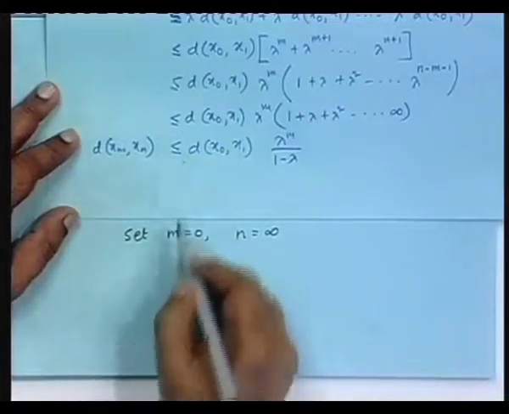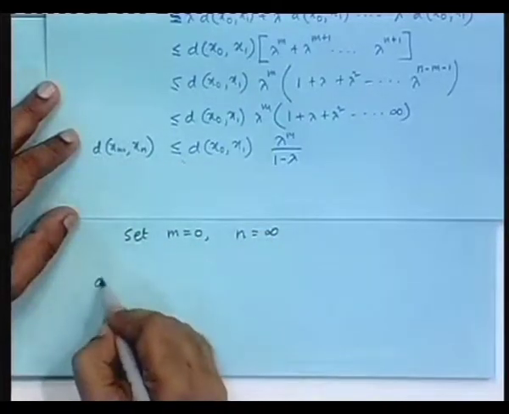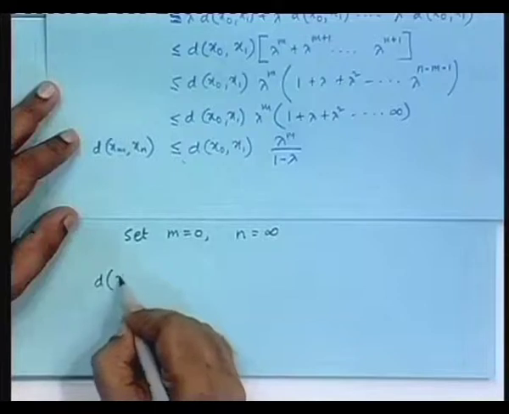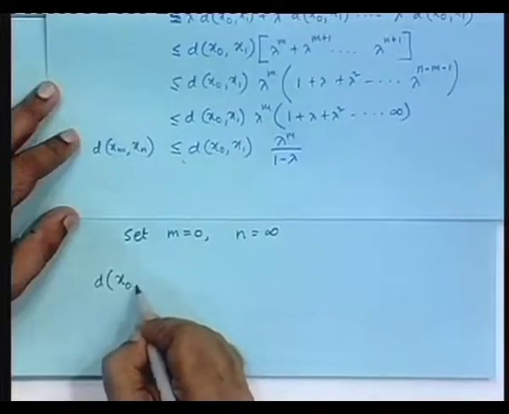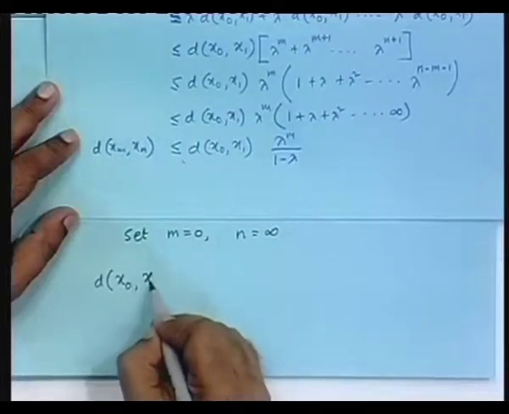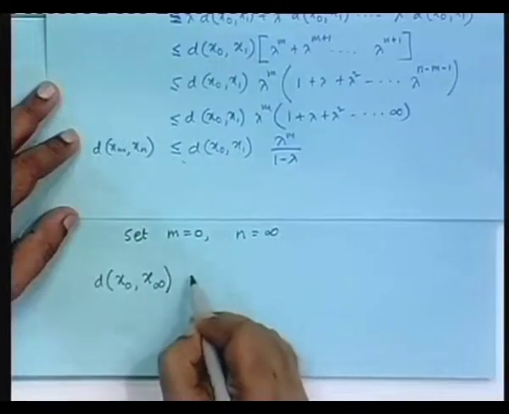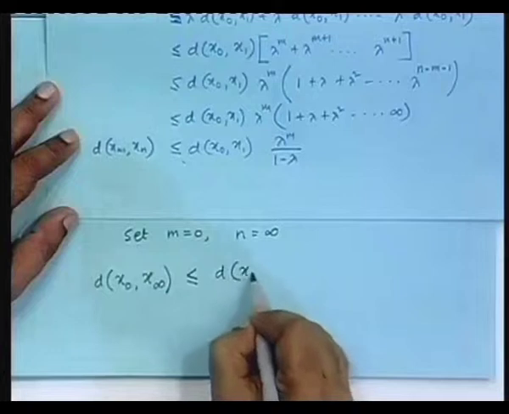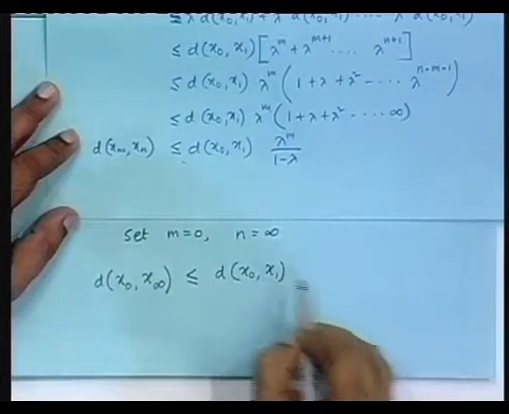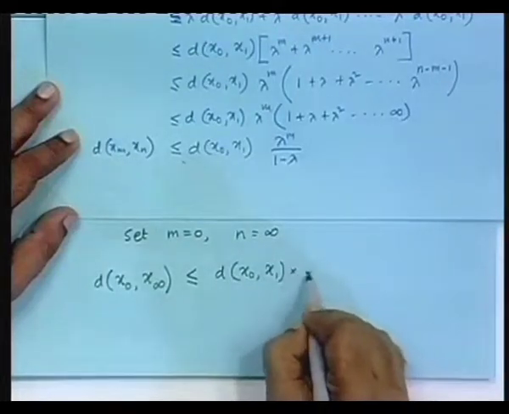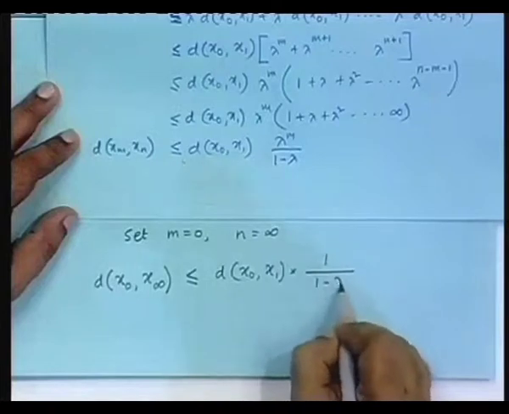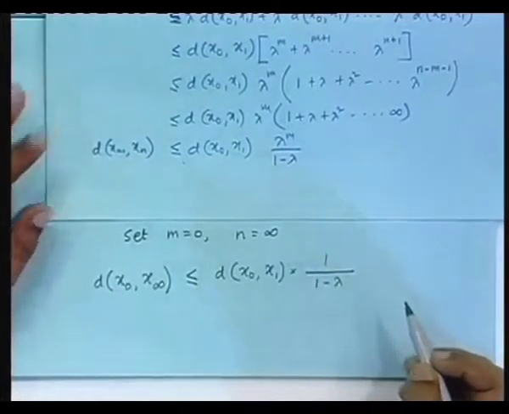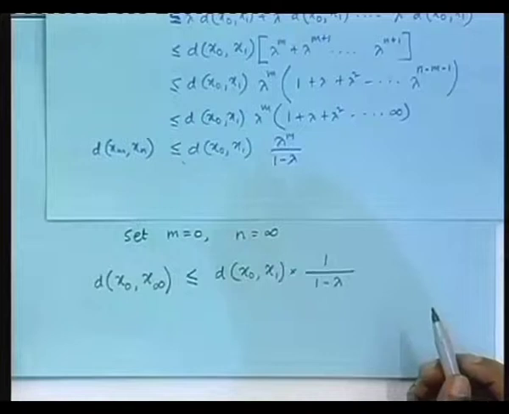The statement immediately leads to, right, lambda to the power 0 is 1.